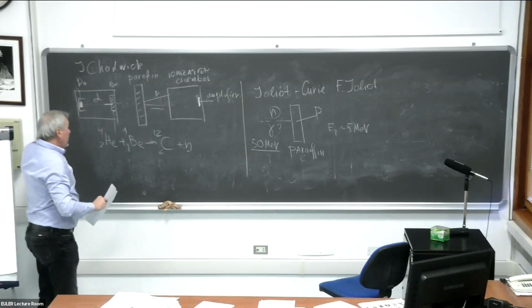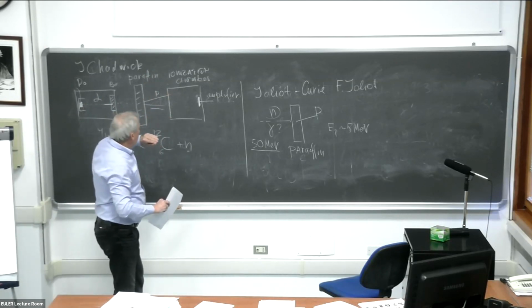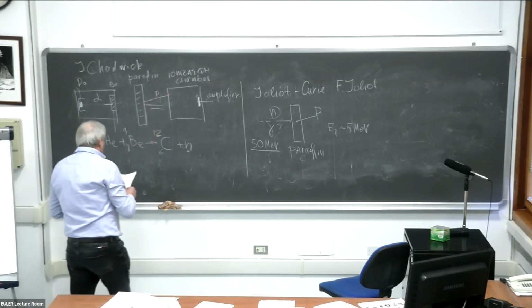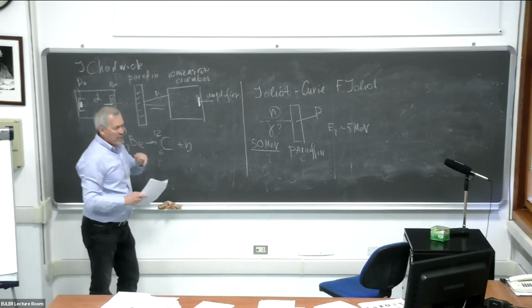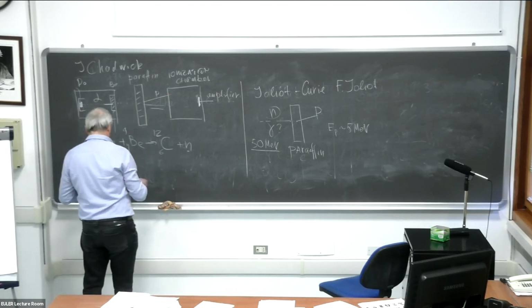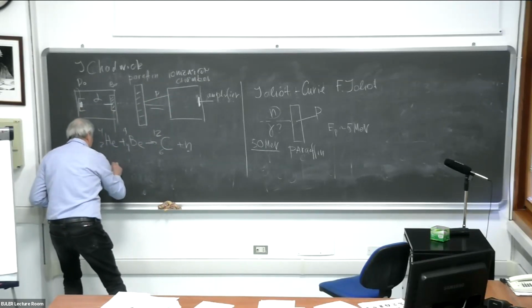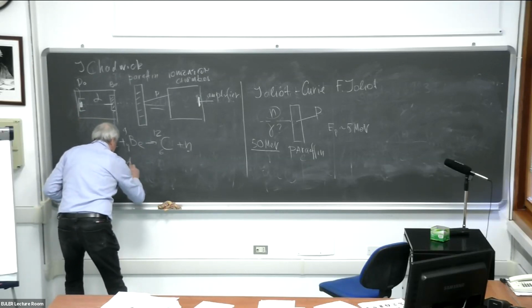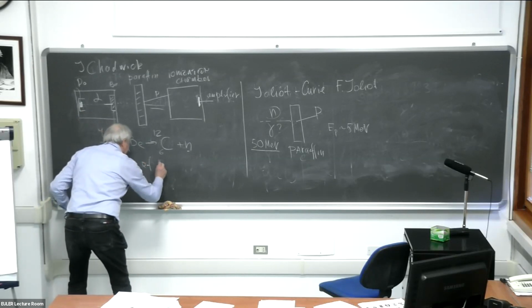What Chadwick actually did is he put here this ionization chamber, and measured the so-called range. Essentially, this is the energy spectrum of these protons. So he measured the range of protons.